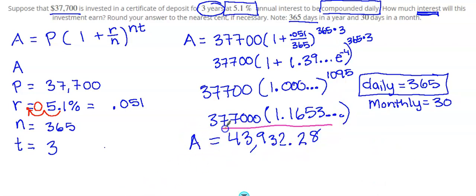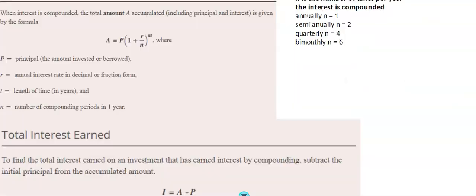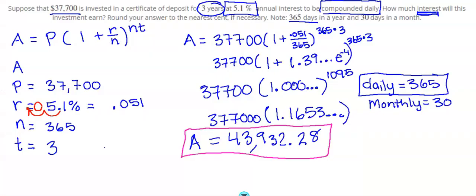However, it is not the answer to the question they asked us. Remember, a minute ago we paused and wrote all three of these down. We are now ready to use this. We find our interest by taking the total amount and subtracting the original principal. So, let's do it.